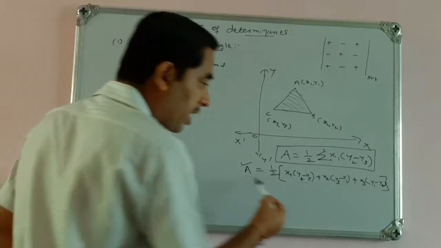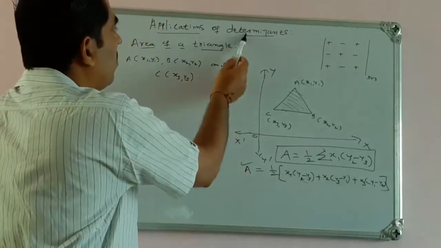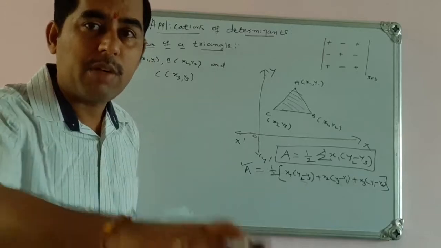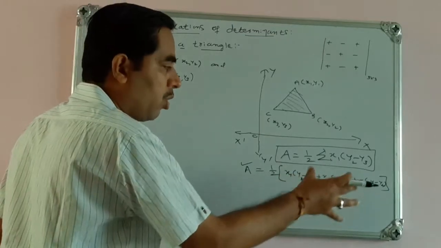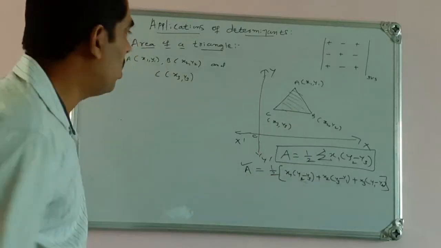The same expression can be written in the form of a determinant. The area of a triangle can also be written in determinant form. We don't write this expression, we write the same expression as a determinant. So how can it be simplified here?